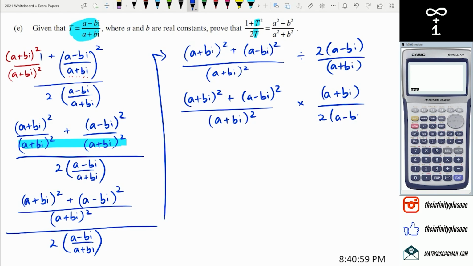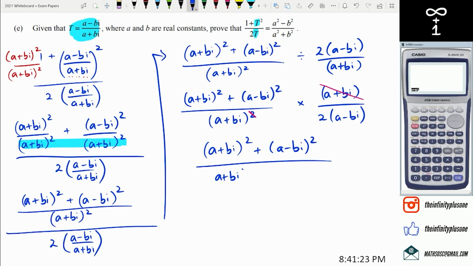So once I get that, I can get rid of one of the a plus bi, because that one goes away, and that just ends up being a 1 right there. So what I then have is, in my numerator, (a plus bi) squared plus (a minus bi) squared, and the whole thing is divided by (a plus bi) multiplied by 2 times (a minus bi).